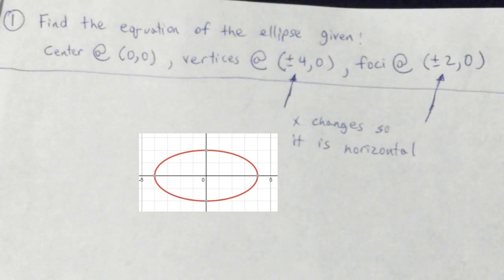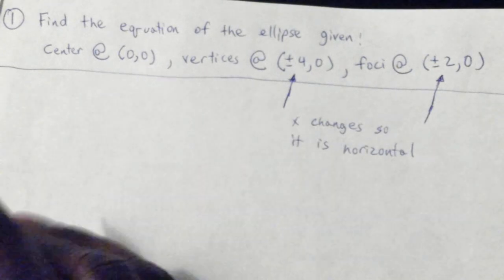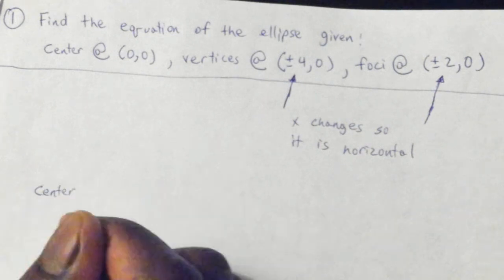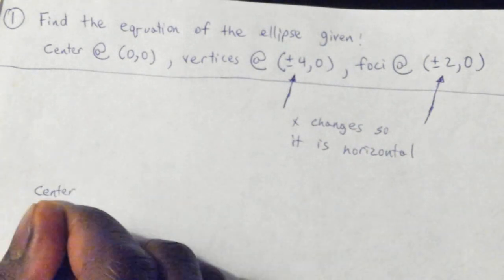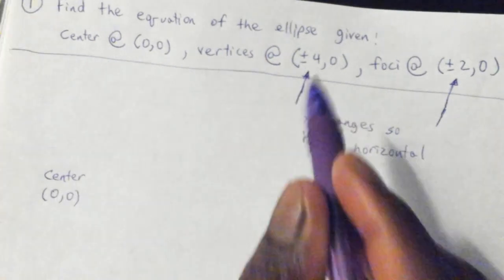So let's see how we can use the vertex. First, remember that the center is at 0, 0. The other thing that we notice is the vertex is basically 4, 0.